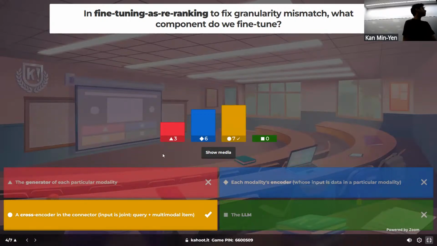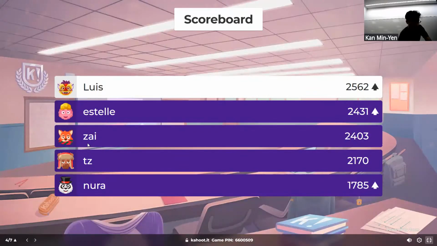The reason for that is essentially you want to match the words, the query, to the various multimodal items. And you want to fine-tune on the relevance score on that one. So that's the part that you would fine-tune, not the generator or the LLM. Next question. Luis is now on top, followed by Estelle, Sai.